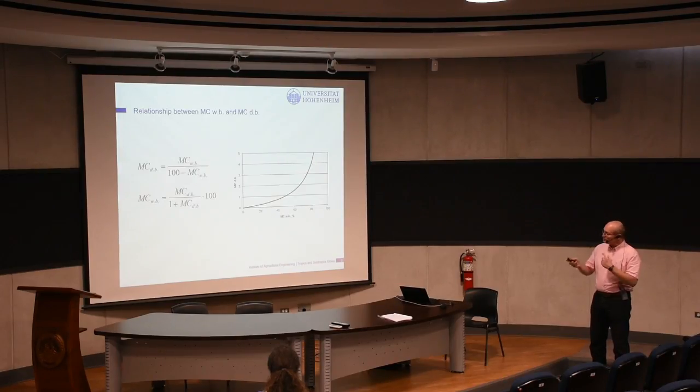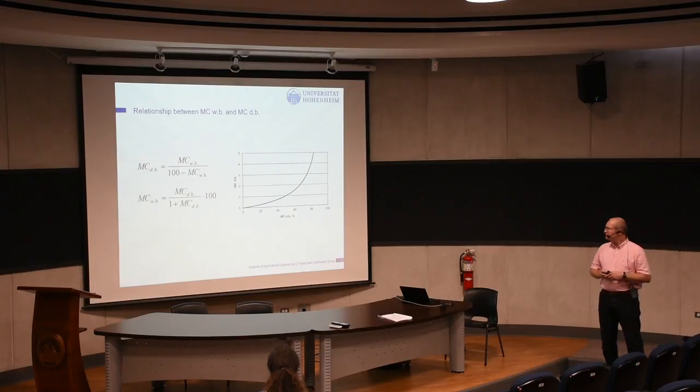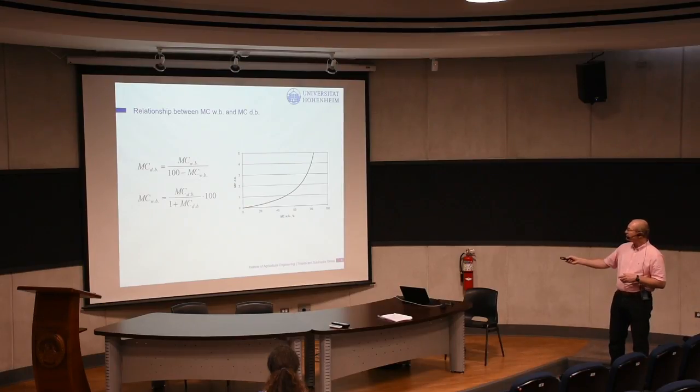So these two measures can be transferred one into the other. There are two very helpful equations to make dry base moisture from wet base moisture, or wet base moisture from dry base moisture. And the relation is not linear. We have this correlation between moisture content dry base and moisture content wet base.